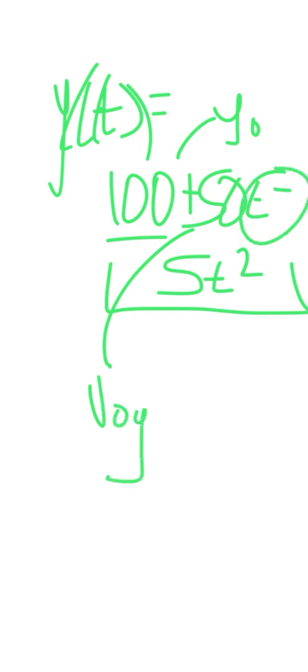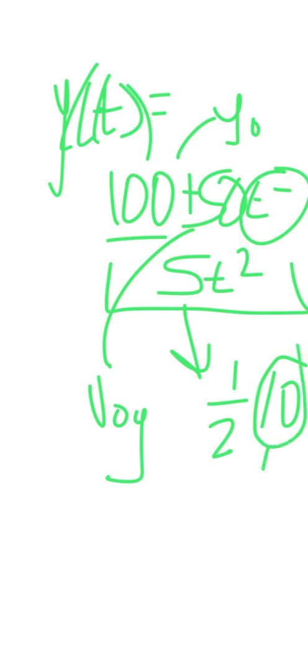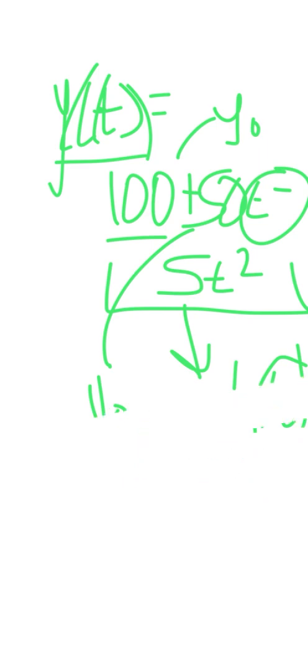T is t, and the 5 came from dividing 10 by 2, where 10 was our g value, and 1/2 is part of the equation you use when you have constant acceleration. And since the y components are what has constant acceleration, we use this equation.